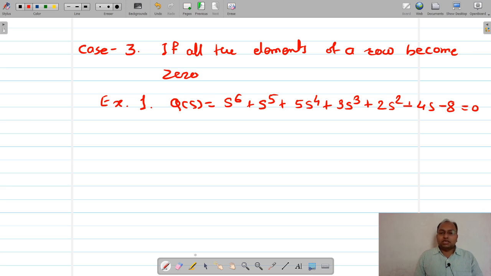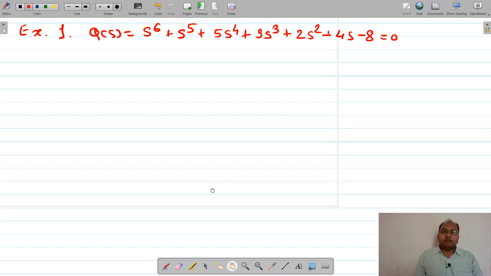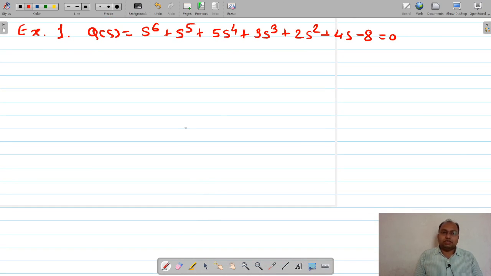Suppose this equation is given to you and you have been asked to apply the Routh criteria for such a polynomial equation. What are you going to do? You draw the vertical line and, starting from the highest power of s, you write it.